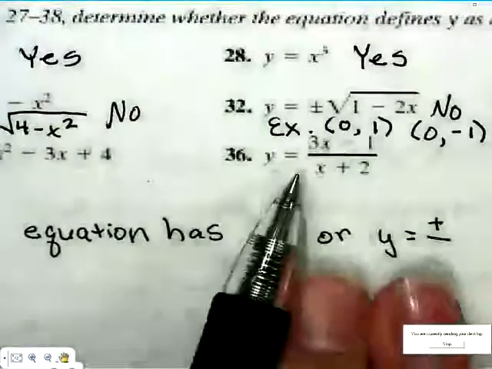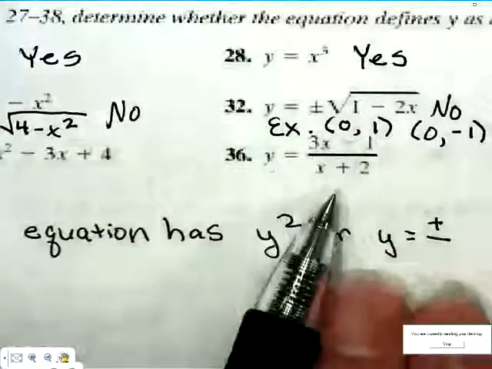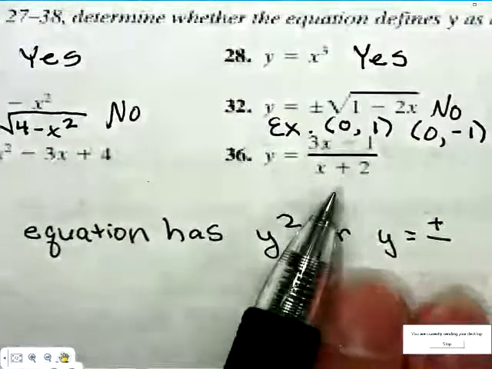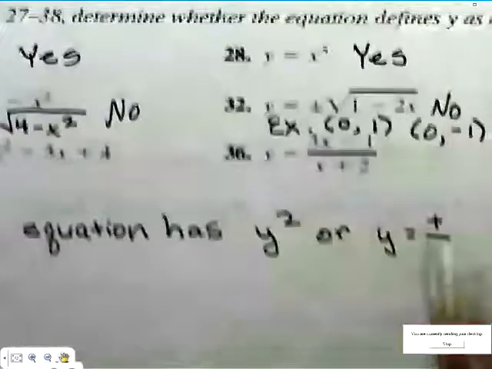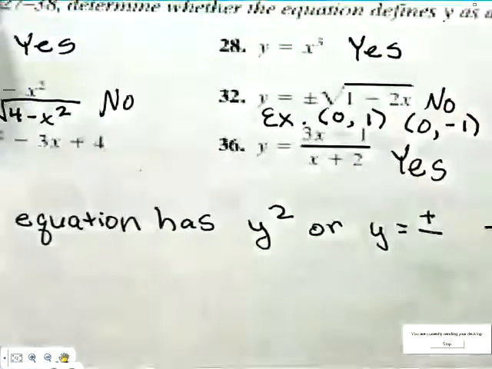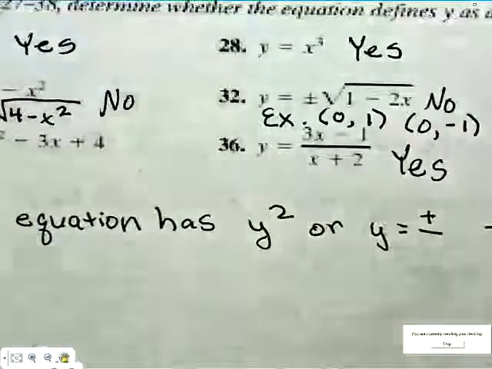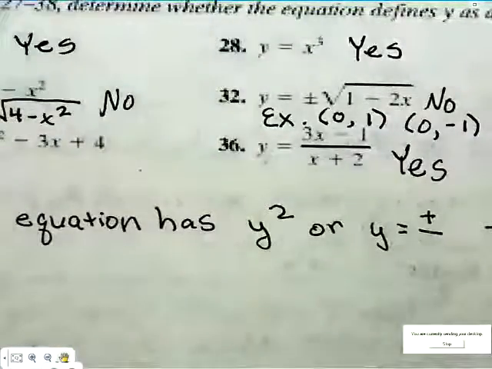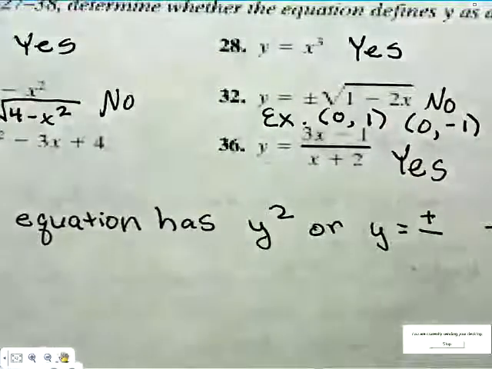There would only be one answer. If you let x be 7, there would only be one right answer for y. So is that a function or not? Yeah. The only thing we've mentioned that would automatically tell you, hey, that can't be a function, is the y squared, or synonymous with that, y equals plus or minus, because that's where the plus or minus comes from.